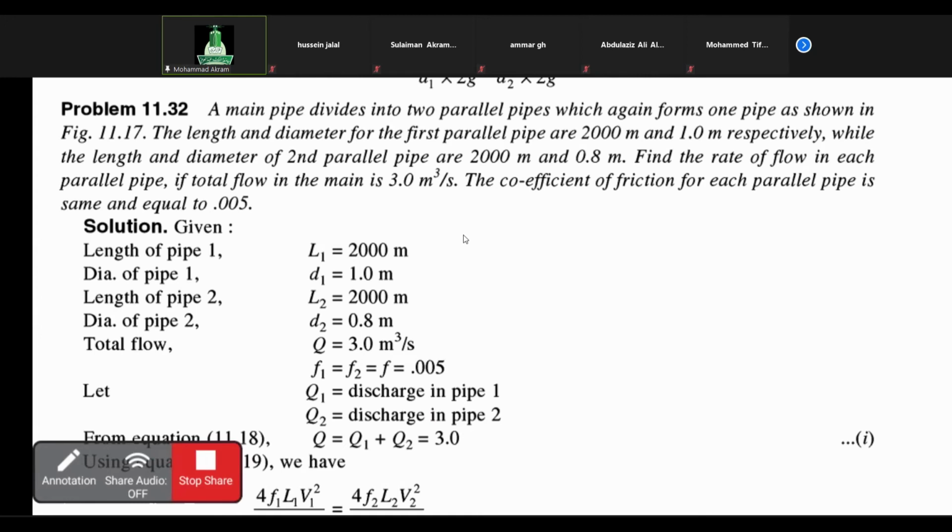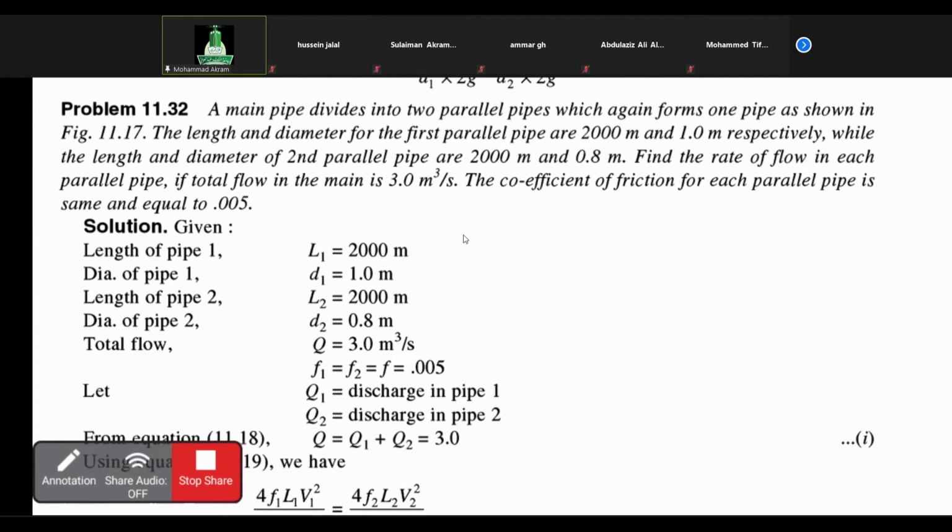The length and diameter of the first parallel pipe are 2000 meter and 1 meter respectively, while the length and diameter of the second parallel pipe are 2000 meter and 0.8 meter. So the length is the same, but the diameters are different. Find the rate of flow in each parallel pipe.